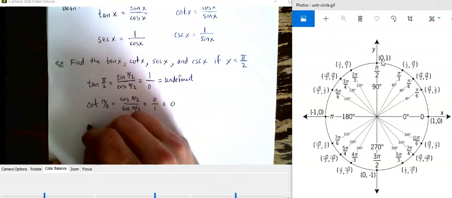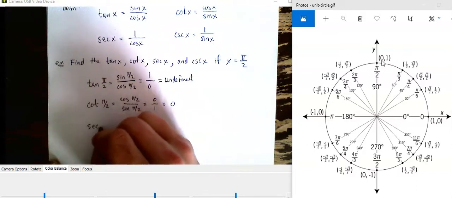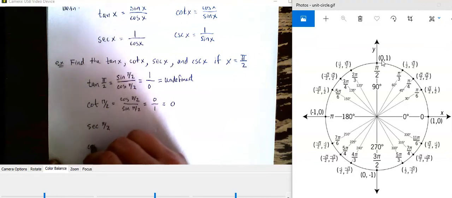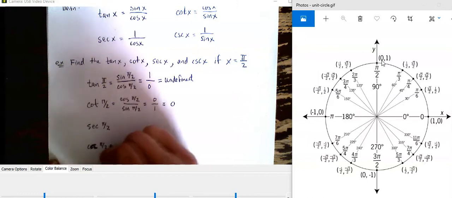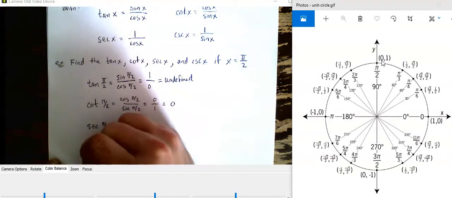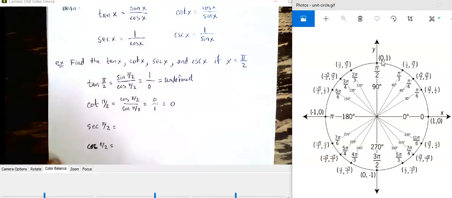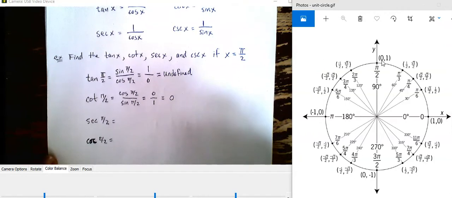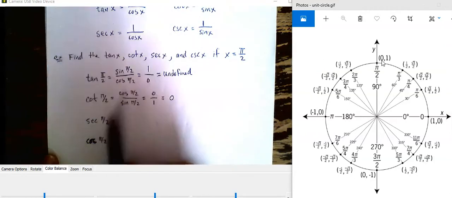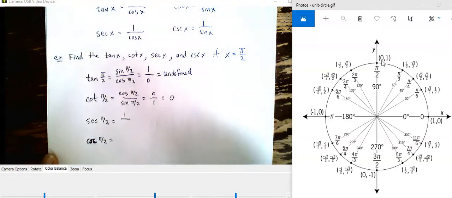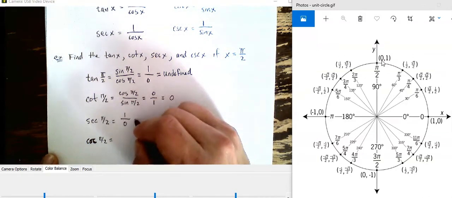Lastly, the secant and cosecant at pi over 2. Secant is 1 divided by cosine, so that would be 1 over the cosine at pi over 2, which is 0.